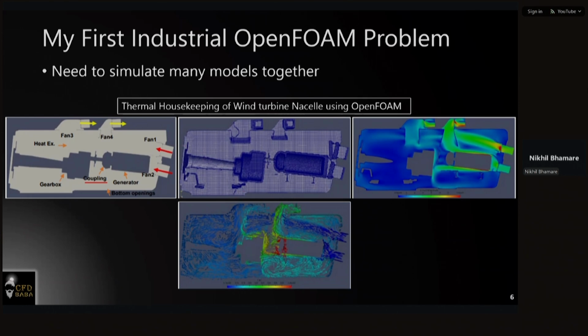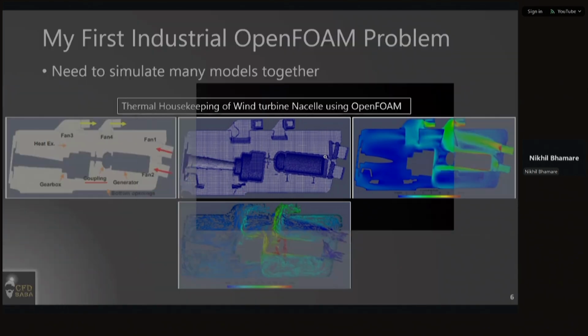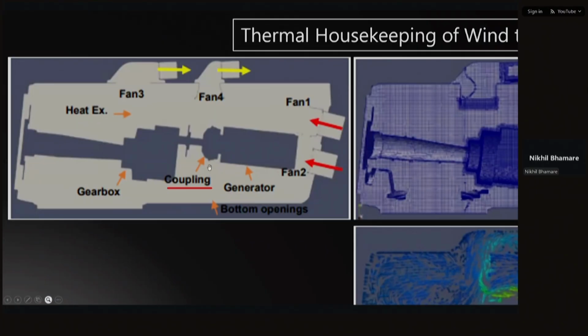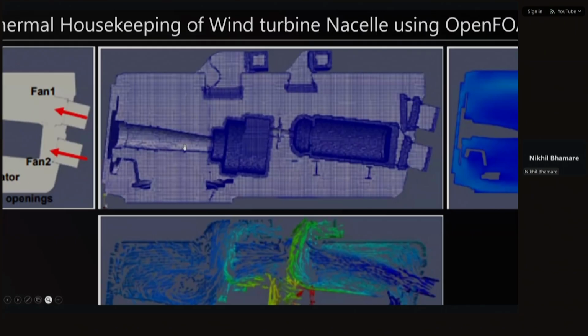So we wanted to design a system such that the cooling of this coupling should be efficient. So there were four fans, two at the inlet behind the nacelle and two at the top.